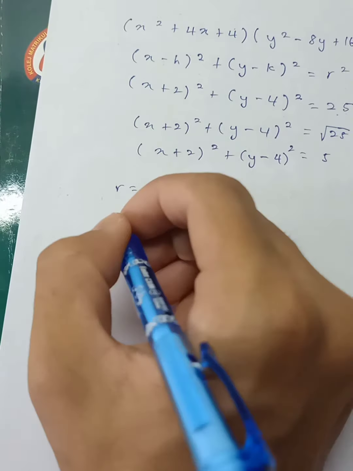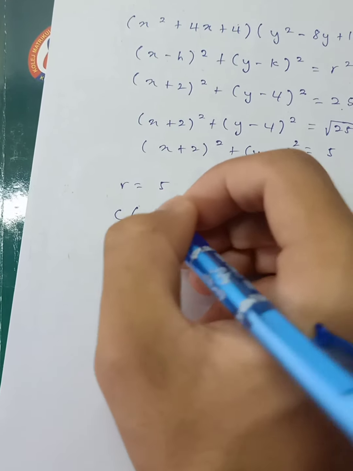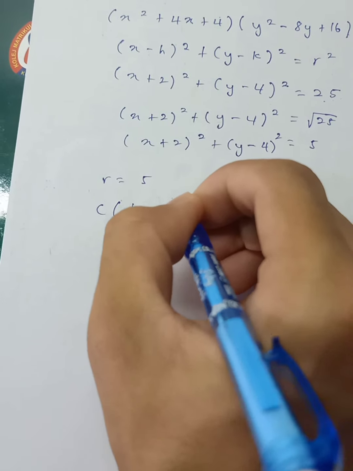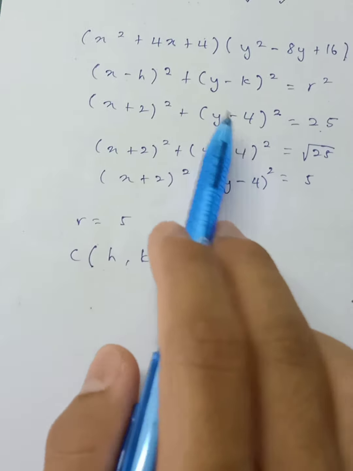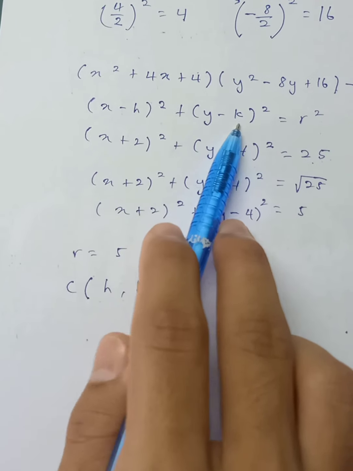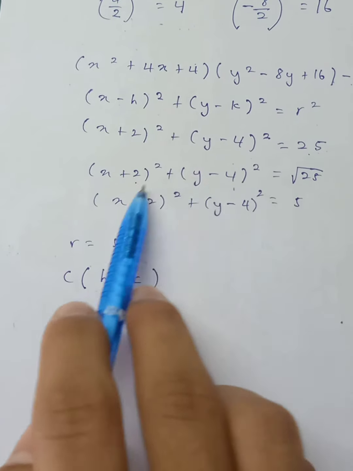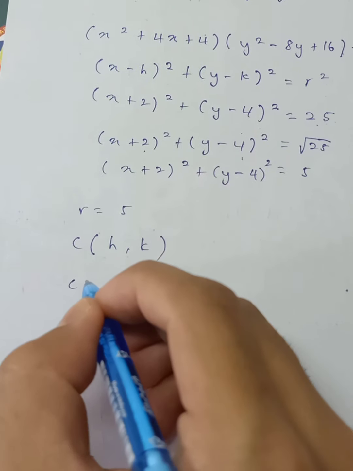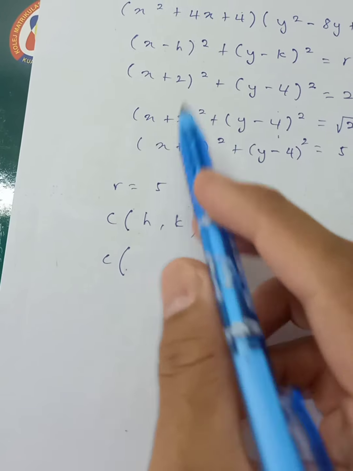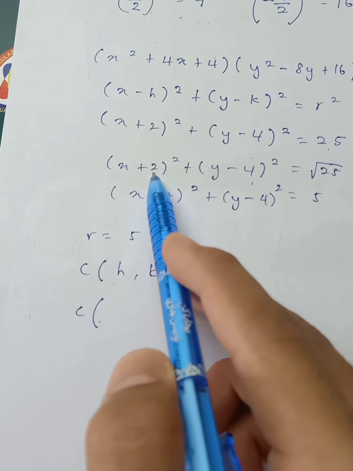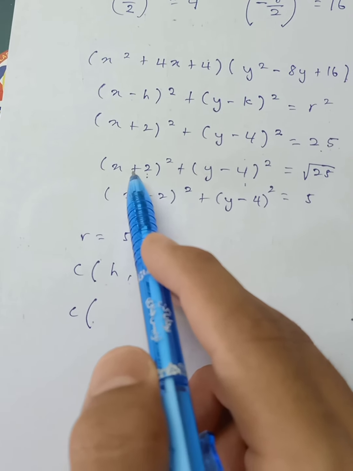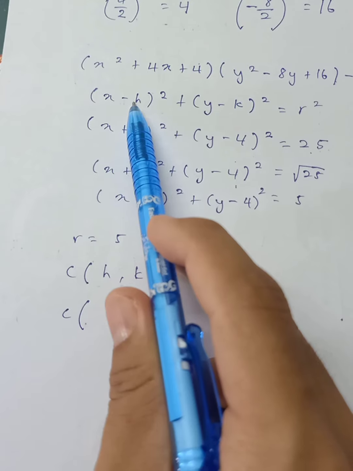So the formula for the coordinate is h and k. From the standard equation, we need to find the h and k. So negative h equal to 2. That means how we get positive is negative times negative.